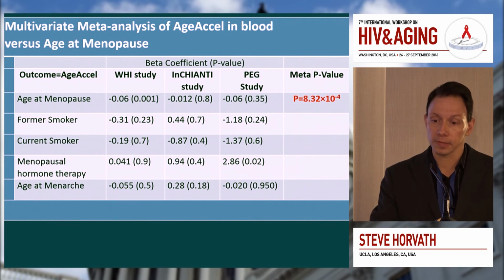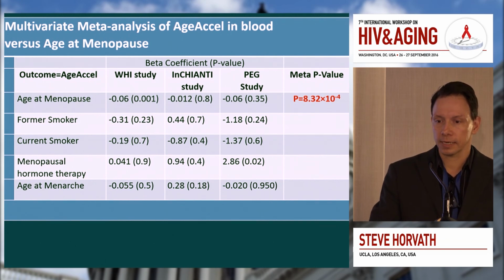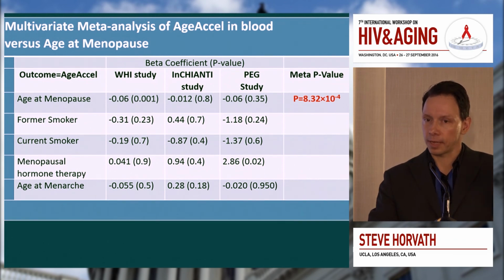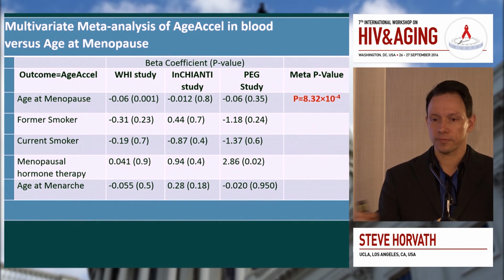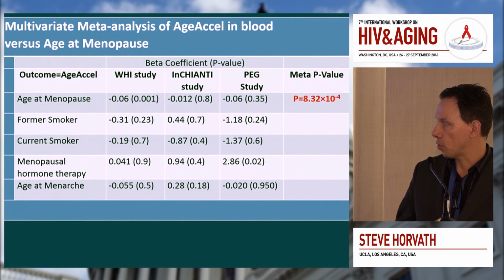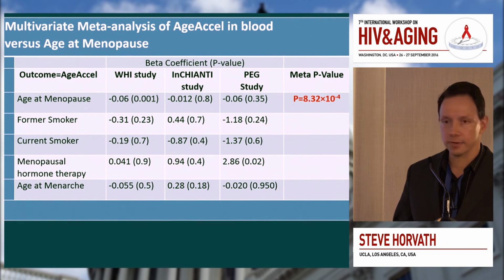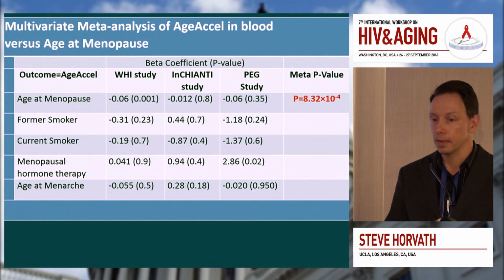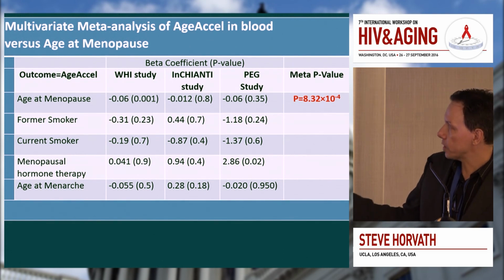Let me describe the study. So we looked at epigenetic age acceleration as the outcome. And for these women, we also knew the age at menopause, their smoking status, hormone replacement therapy status, age at menarche, and so on. And we looked at 3 large cohorts, WHI, and so on.